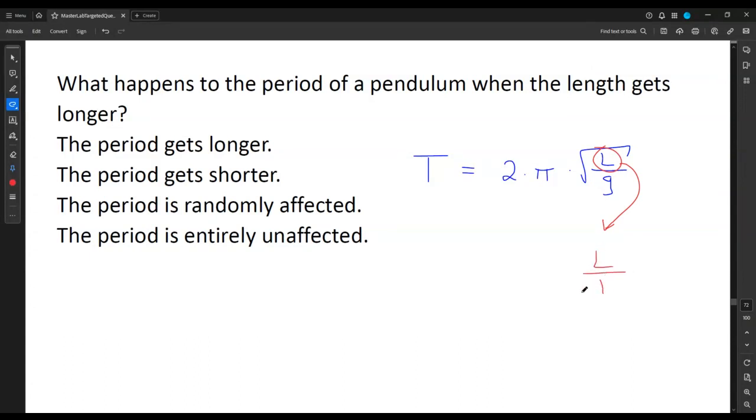So the format, its placement in this equation, technically it is under a square root, but it is on the top of a fraction, which means it's directly proportional. They're going to do the same thing. So if the length is longer, then the period's going to get longer. They're still going to move in the same direction. Technically, that square root's going to make the growth a little bit slower, but it is going to get longer. Length increases, period increases.